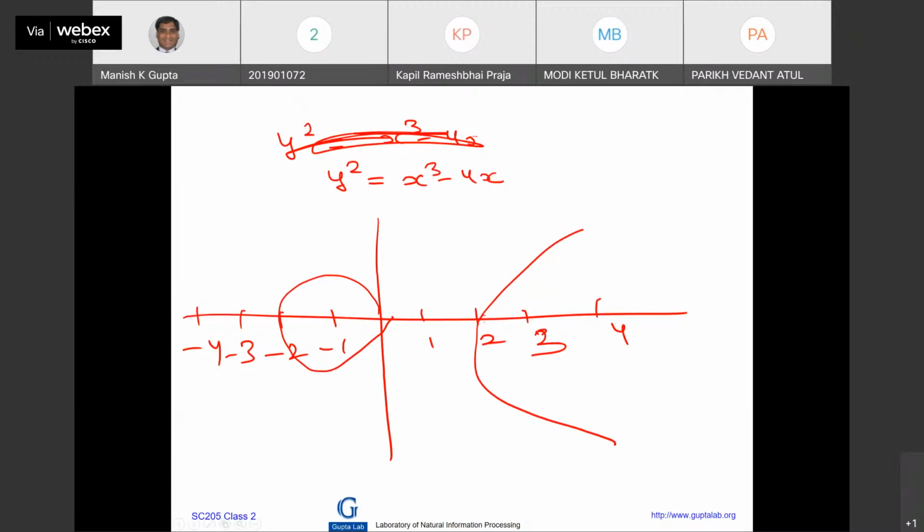This is the graph if you plot it. So these are the points which are members. Here a loop is there and this kind of stuff is there. So basically we are looking for these points. Right now I have plotted it over the reals.